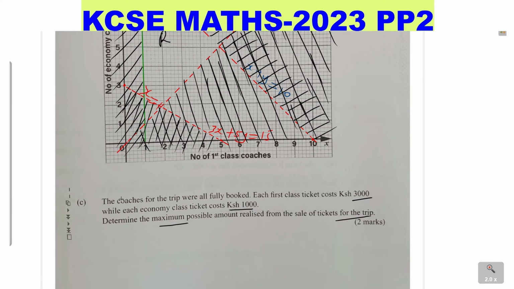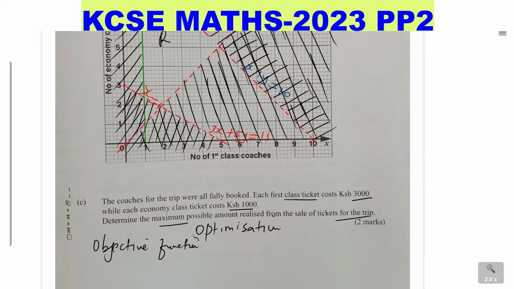So this process of determining the profit, maximum or minimum, is called optimization. And to carry out optimization, we require the objective function. Where do we get the objective function? From the information given.